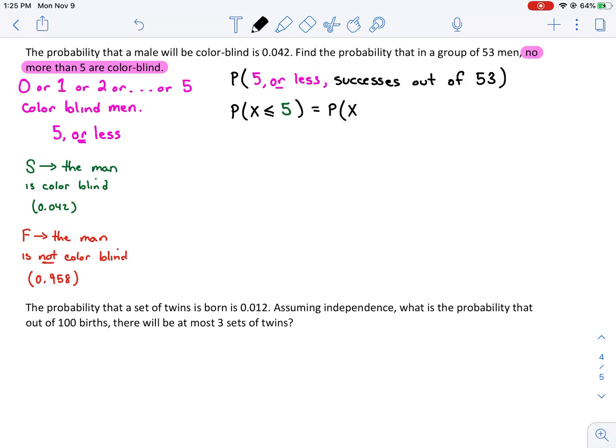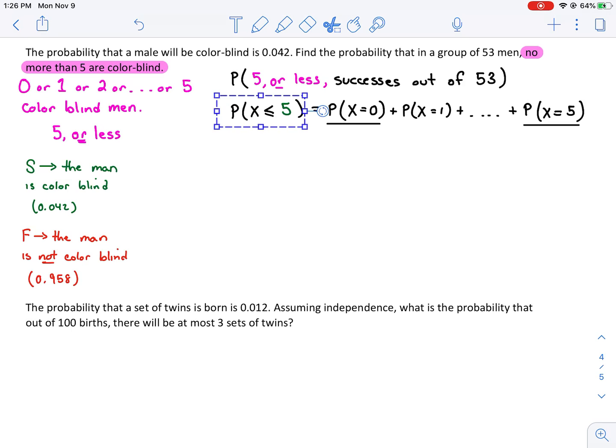All right, so we know that this is going to equal the probability of x is equal to 0 plus the probability that x is equal to 1 plus, if we continue the pattern, the probability of x is equal to 5. So what I'm going to do is write out the expression for the first probability and the last probability, then use Desmos to get the answer. Here we go.